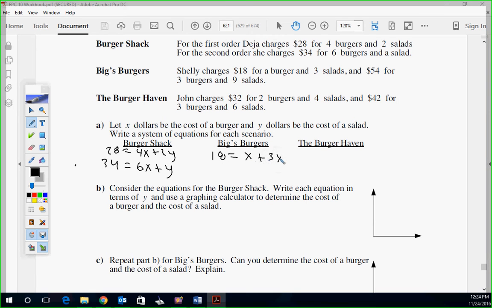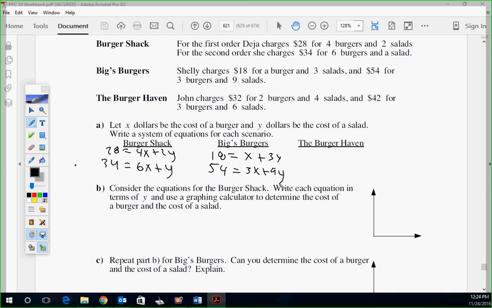Any question on how I'm building these? Am I confusing anybody? Okay, next thing, $54 is equivalent to 3 burgers and 9 salads. Okay.